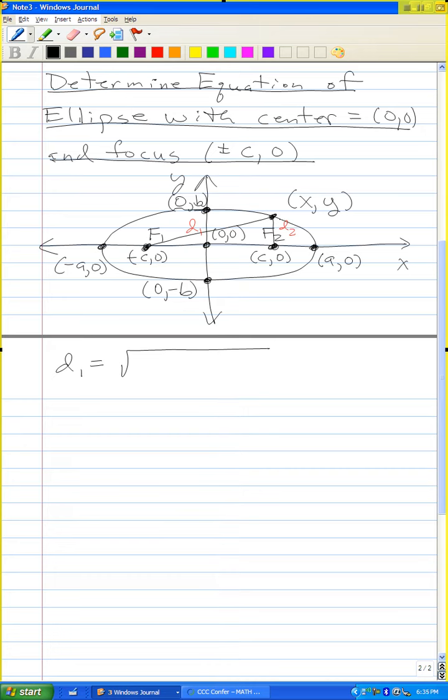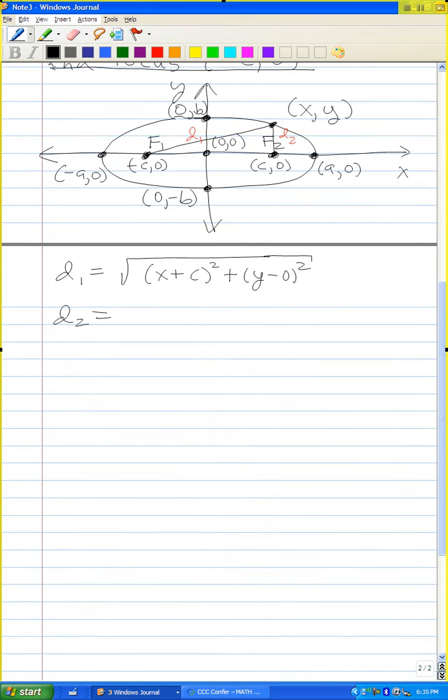This will be the difference of their x coordinates, x minus a negative c, squared, plus the difference in their y coordinates, y minus 0, squared. And let's figure out D2. And so again, it's going to be the difference in their x coordinates, x minus c, squared, plus the difference in their y coordinates squared.